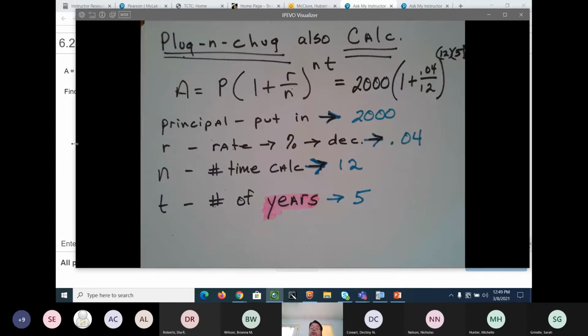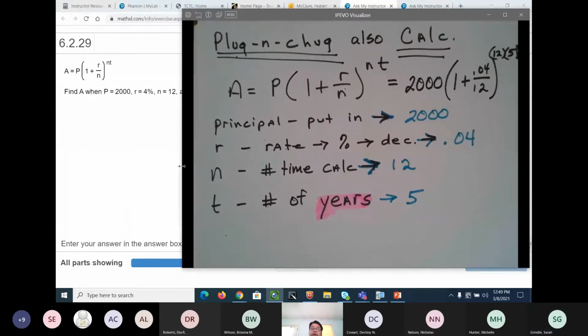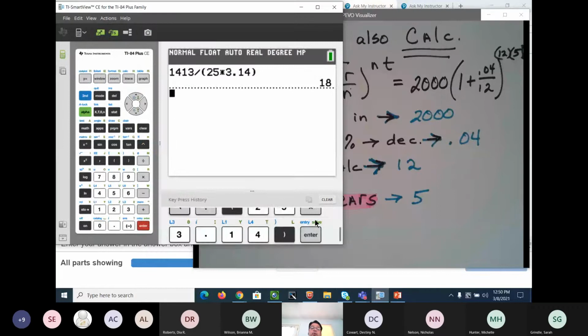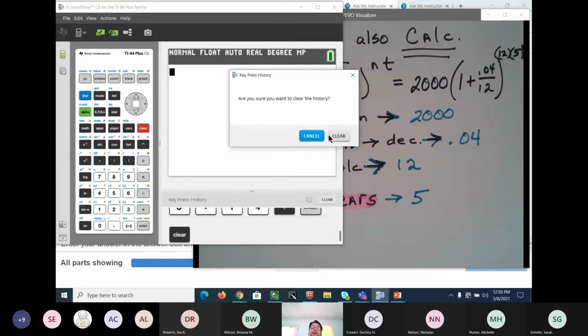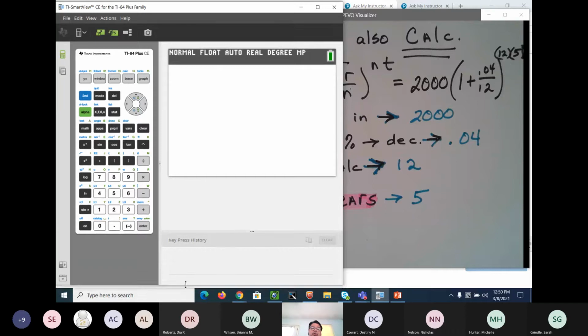You should be able to do it on your calculator. What do you mean, Hubert? You should be able to type everything in on the calculator. Inside out. So I'm going to start with the 0.04 over 12. Let me clear everything, because I don't want you to get messed up. I want to make sure you see the keystrokes and everything that I show you.